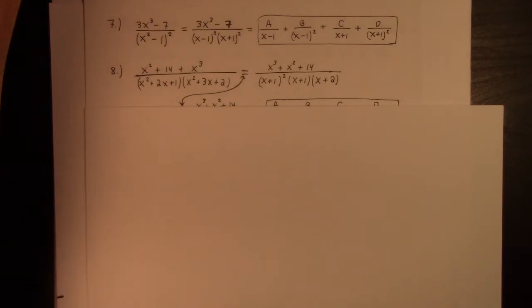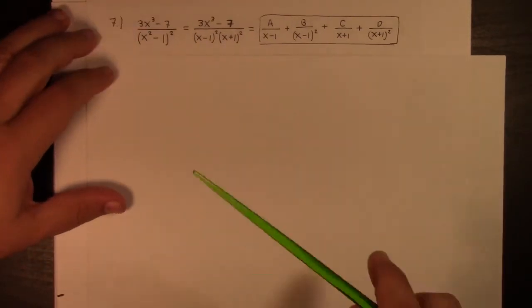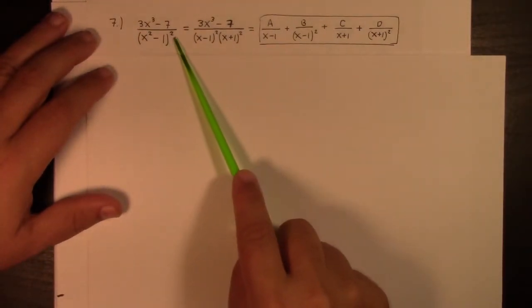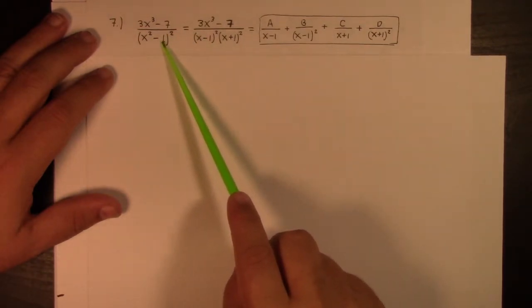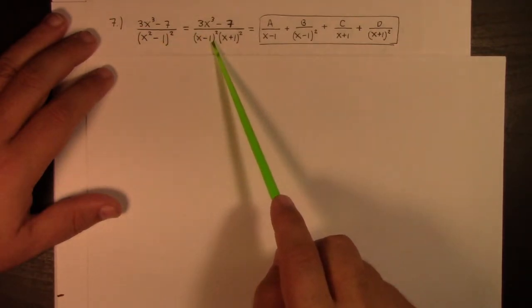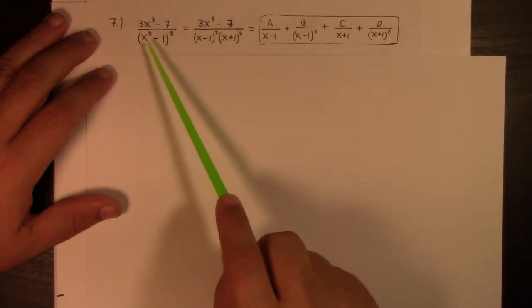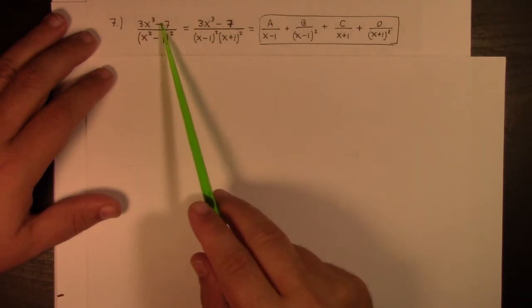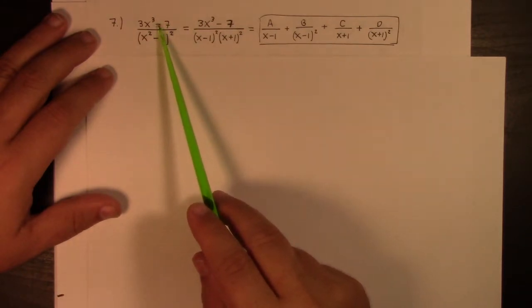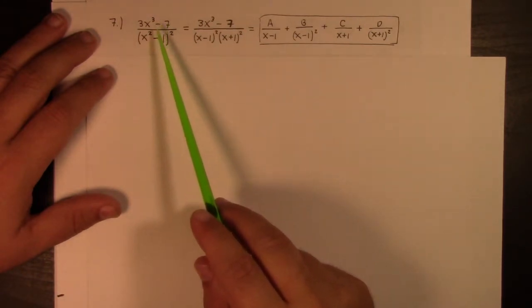7. We have here x squared minus 1 squared. So I square that. This is x minus 1 times x plus 1 squared, which gives me x minus 1 squared times x plus 1 squared. Make sure you understand this step. The key about the numerator here is that it has an order which is smaller than the denominator.